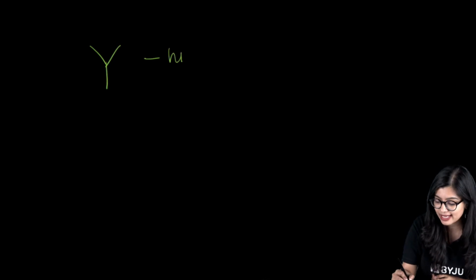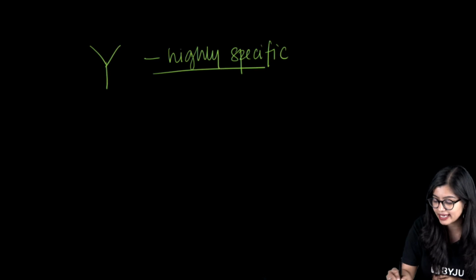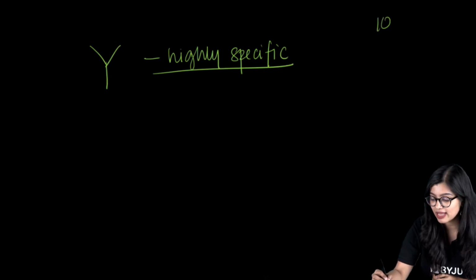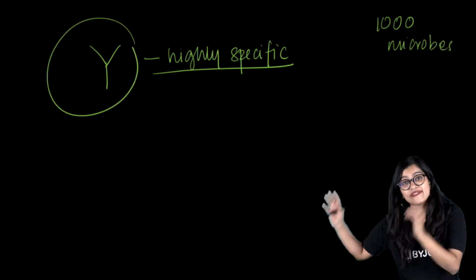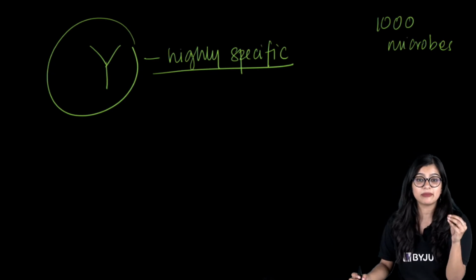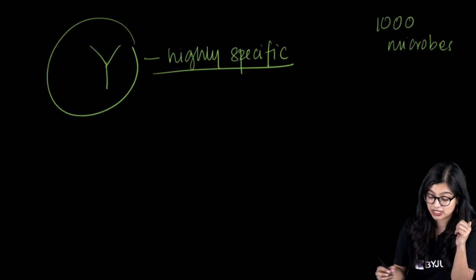These antibodies are Y-shaped proteins, and they are highly specific, which means that if there are thousands of disease-causing microbes outside, our body has the ability to produce thousands of antibodies.